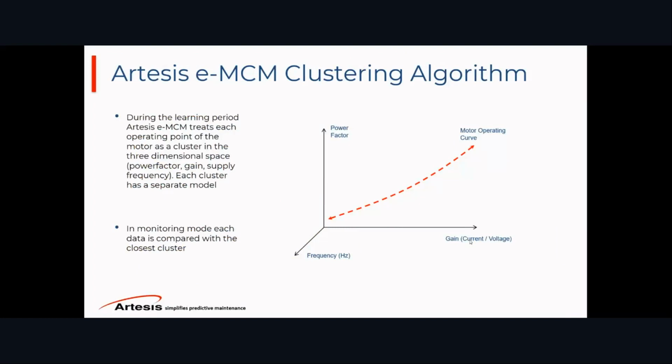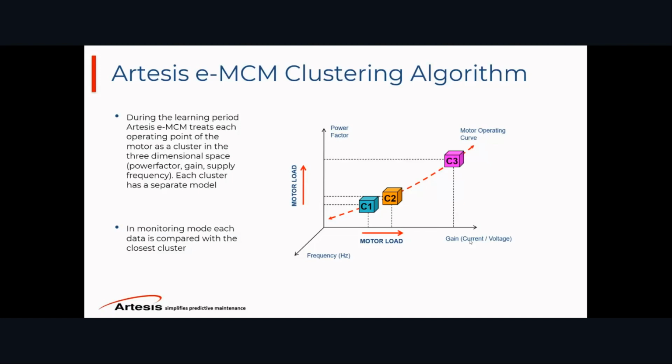Now, I mentioned that this technology for online condition monitoring requires 7 to 10 days of learning time, or model creation, or digital twin creation of the rotating system. The reason for that is it needs to learn different operational conditions by looking at the power factor, the frequency, and the gain of the system, which takes into account the current and voltage.